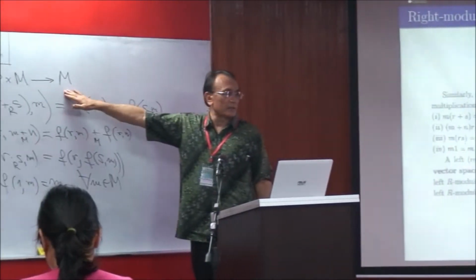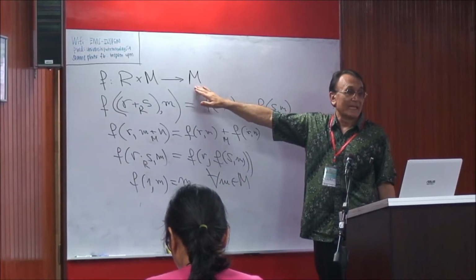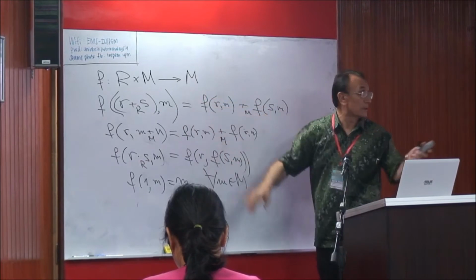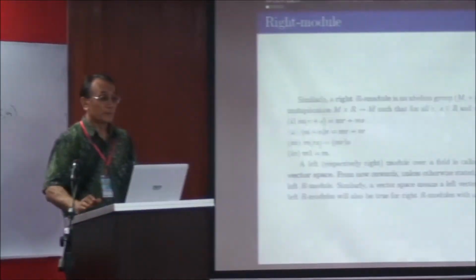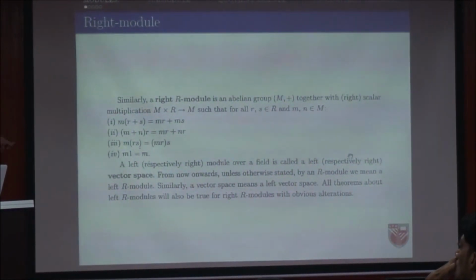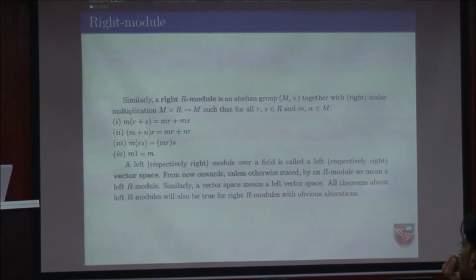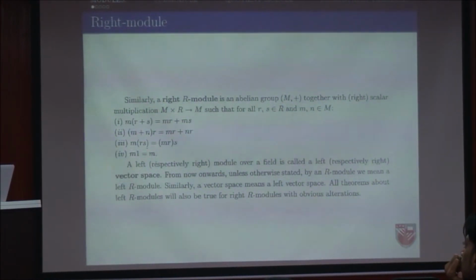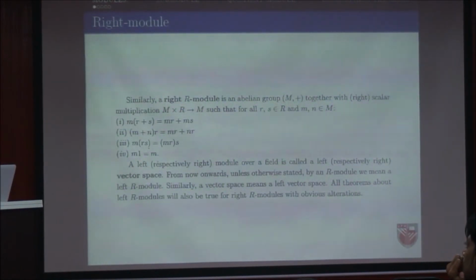In this case, your M is called a left R-module, and in this case it is called a right R-module. The axioms are similar, just with the action from the right side.